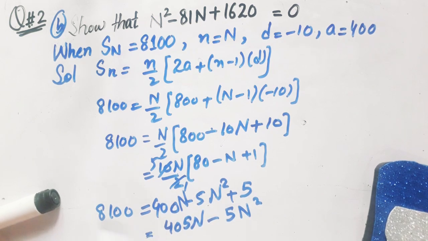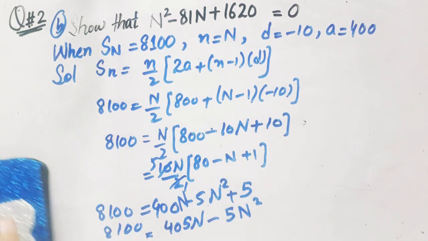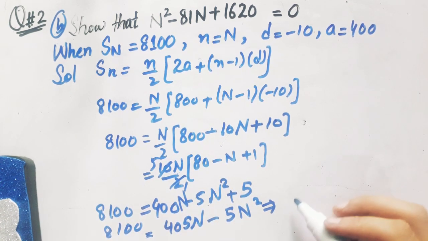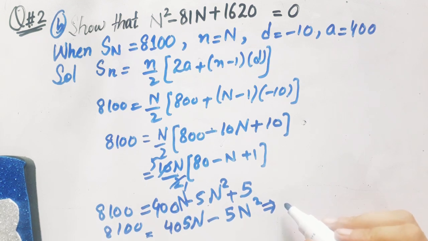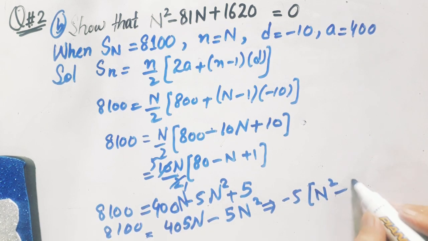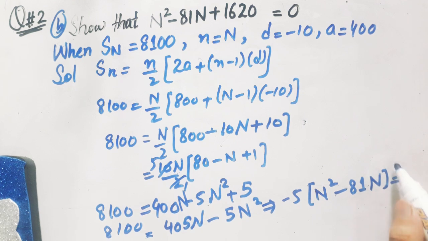So after this step, minus 5 is common, so you will get n square minus 81n, which is equal to 8100.